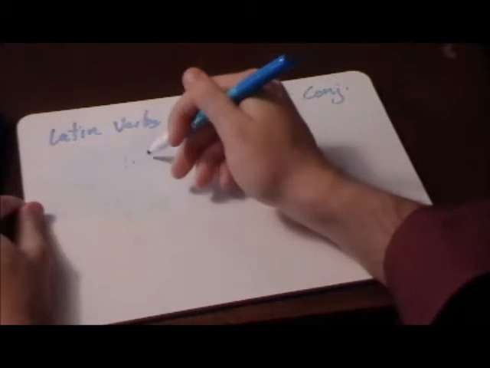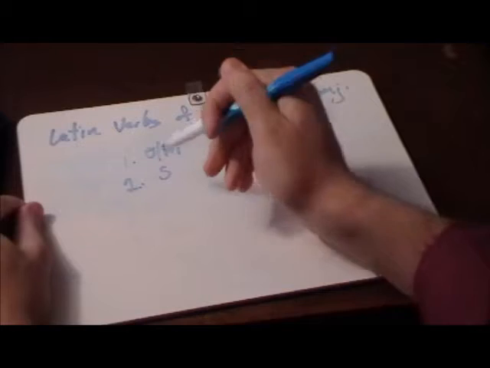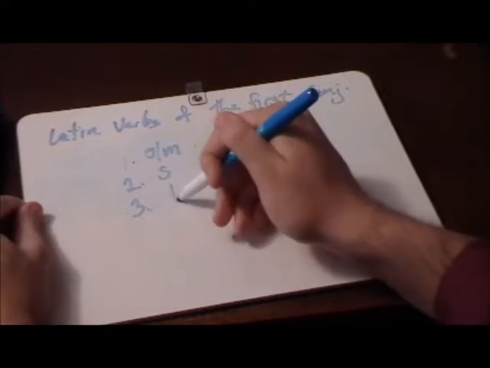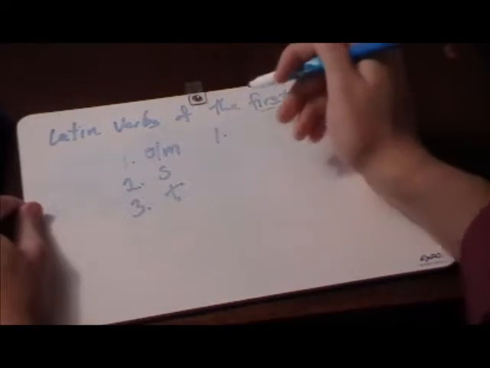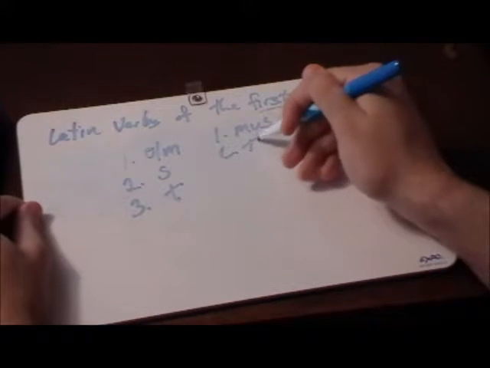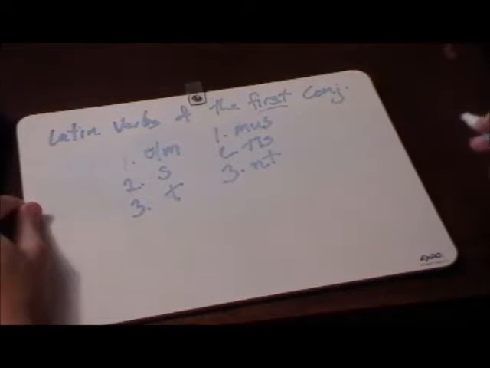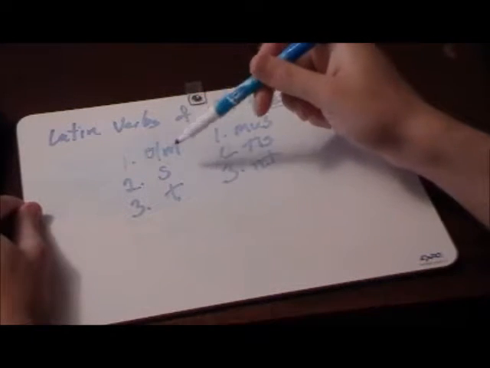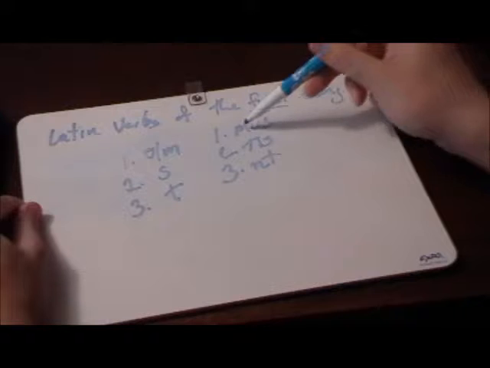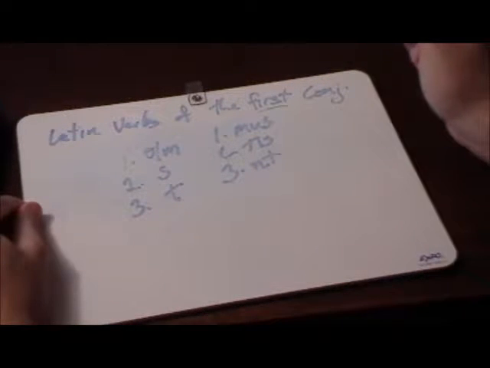So first person singular is O or M, second singular is S, third singular is T, first plural is mus, second plural is tis, third plural is N-T. So it's O or M, S, T, mus, tis, N-T. Those are your personal endings.